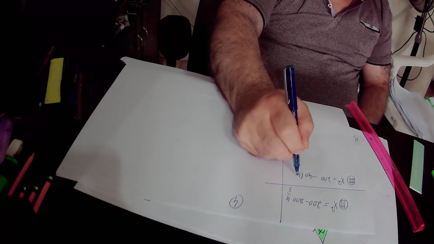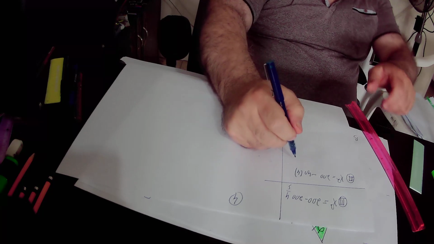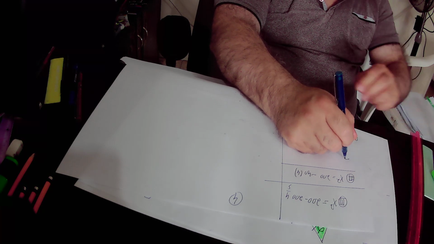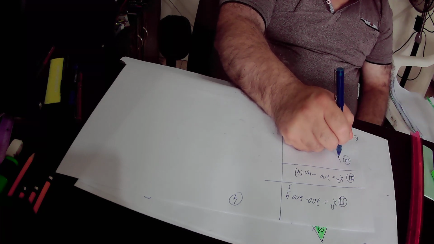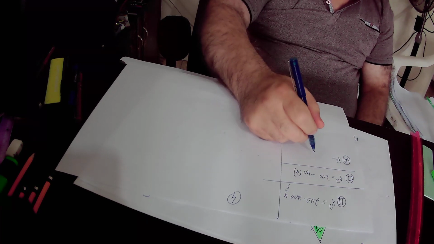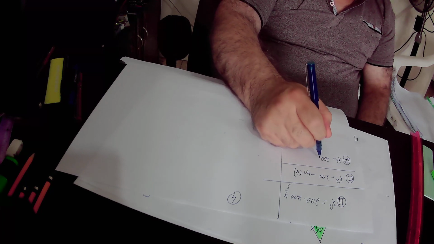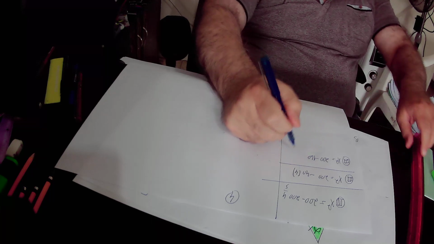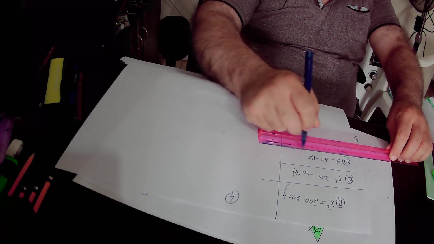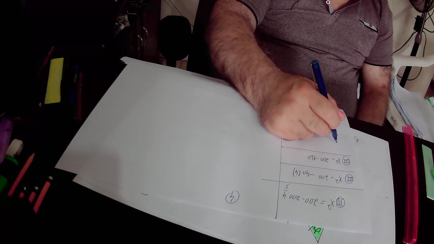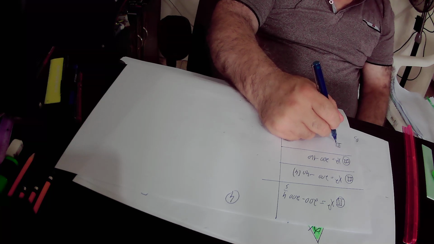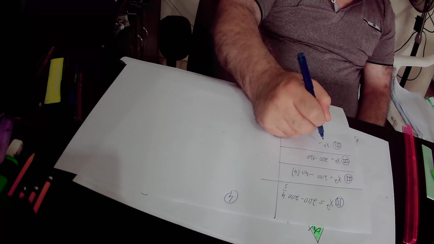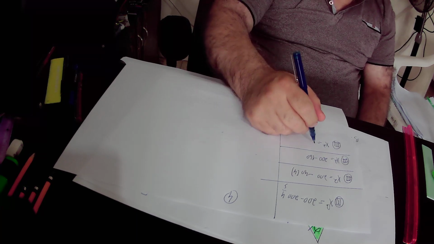So X squared equals 200 minus 40 times 4, which is minus 160. So we found out that X squared equals 200 minus 160, which is 40.